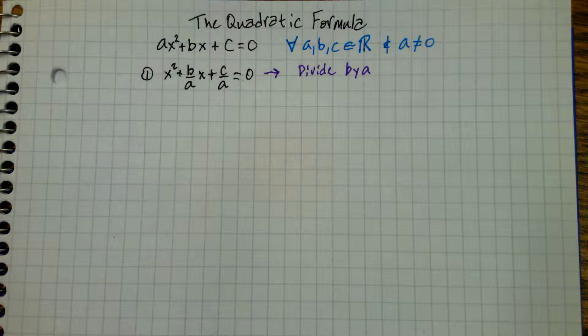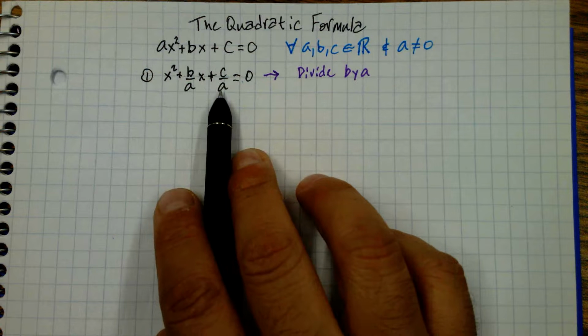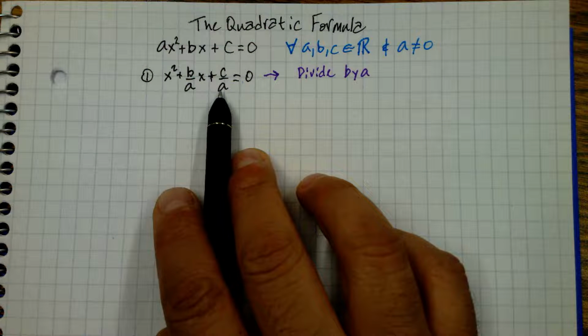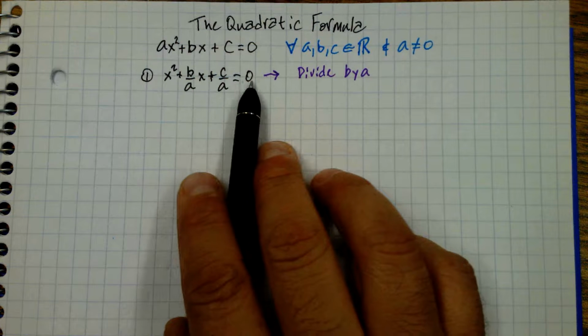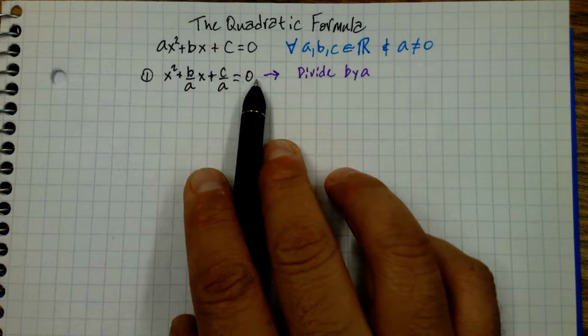Okay, so now remember when we're completing the square, this is just a number. This is just a constant, right? We got to move it over to the other side. So what happens to plus c over a if it goes to the right side?